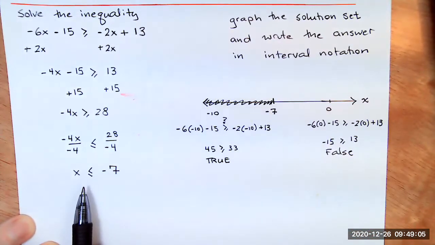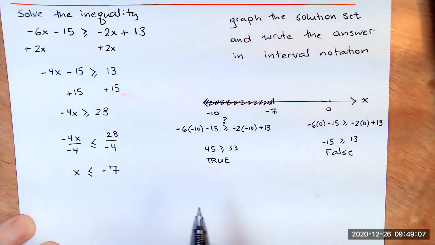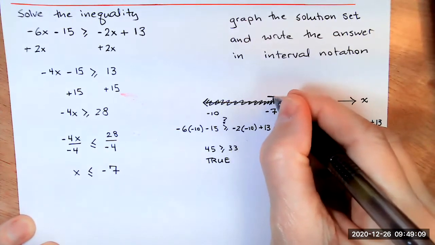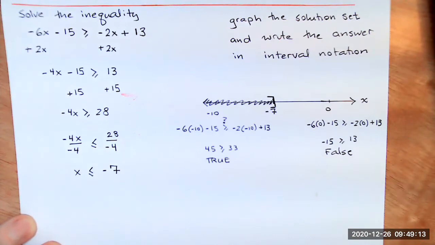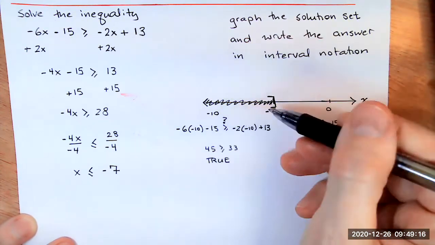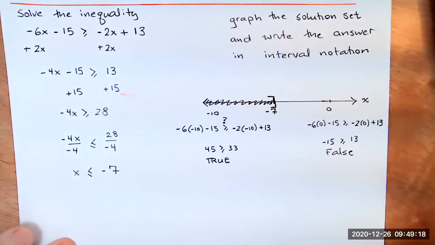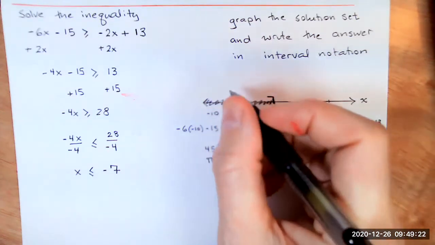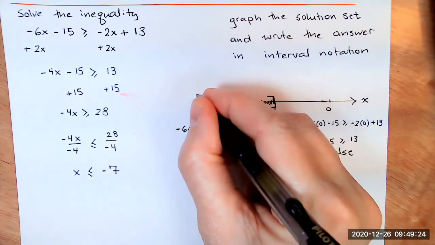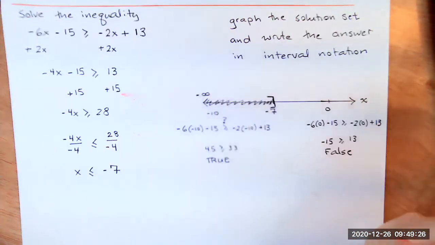And because it's a less than or equal to, you can either use the closed circle or the square bracket. And that points in the direction of the solution set. And since this is the negative direction, it goes to negative infinity.